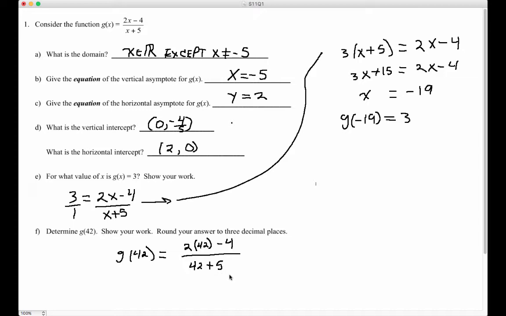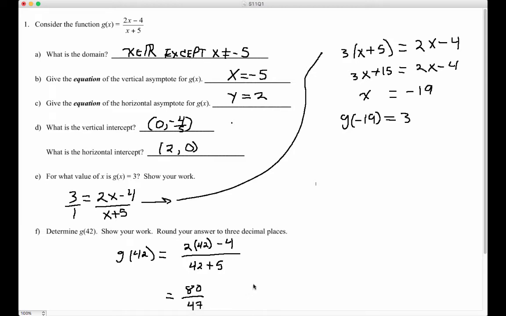Now if you're feeling comfortable, you can just plug all that directly into your calculator, but I'm going to take a few steps here just for the fun of it. So that's going to be 84 in the numerator. 2 times 42 is 84, minus 4, so that's going to get me back an 80. In the denominator, I've got 42 plus 5, and that's going to be 47.